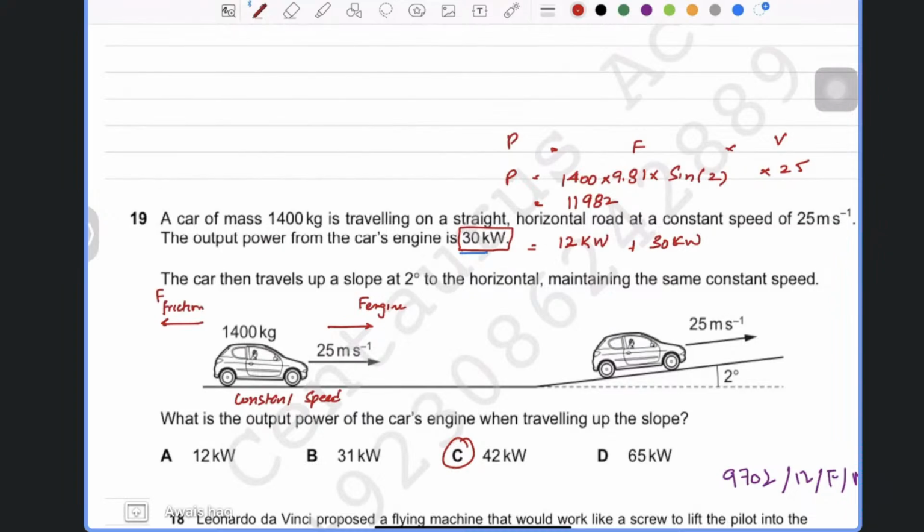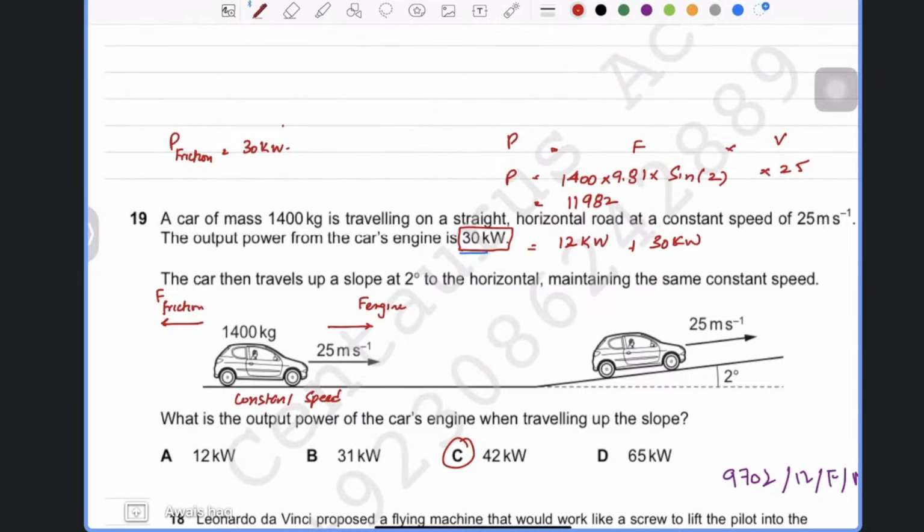Do you agree? Yes. That would mean the power needed to overcome friction has to be 30 kilowatt at this speed. Agreed? Yes. The speed has not changed, so this will not change as well.